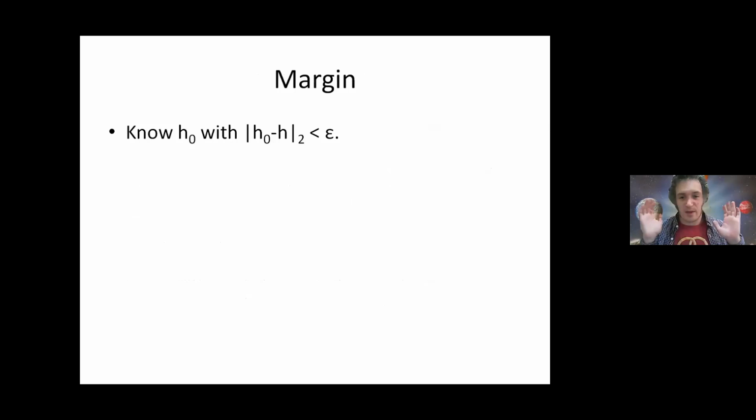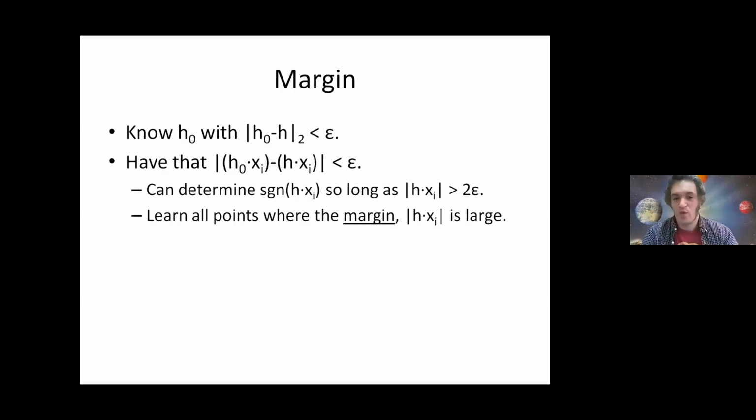Okay, so here's what we have now. We know some, and I guess this is maybe bad notation now, some other vector H naught, where we know that the distance between H naught and H is at most epsilon. In particular, since the x's are normalized to have norm 1, the difference between H naught dot x_i and H dot x_i is at most epsilon.